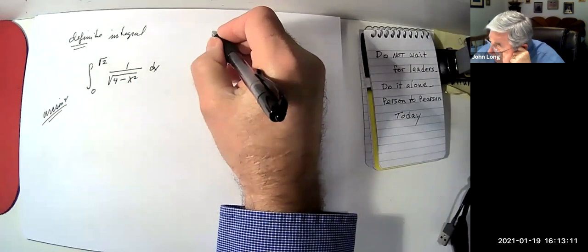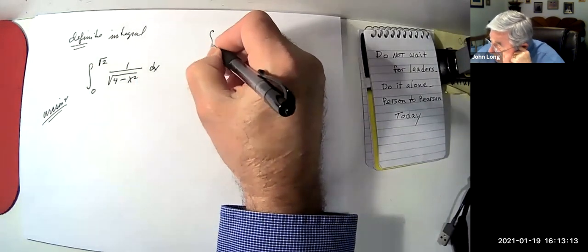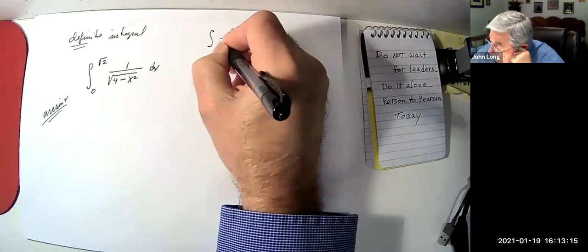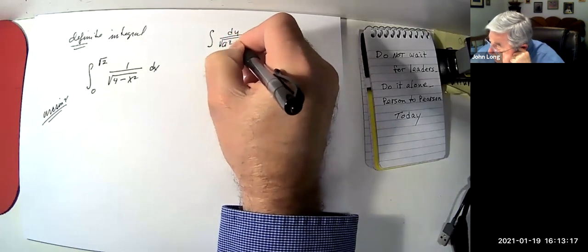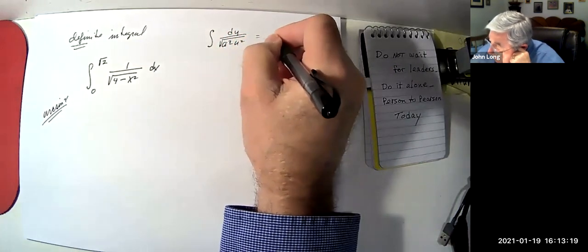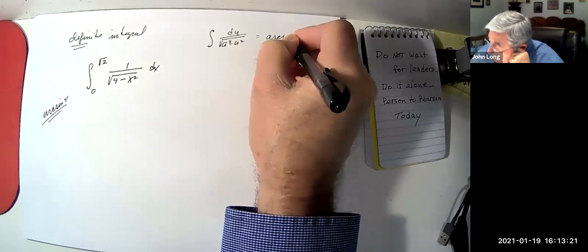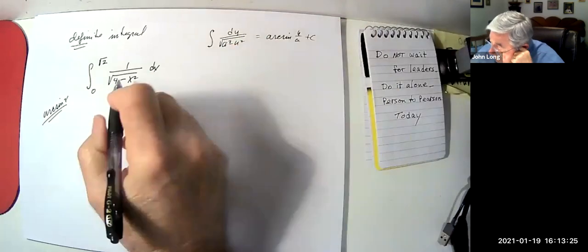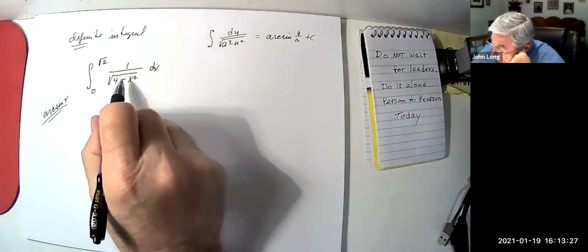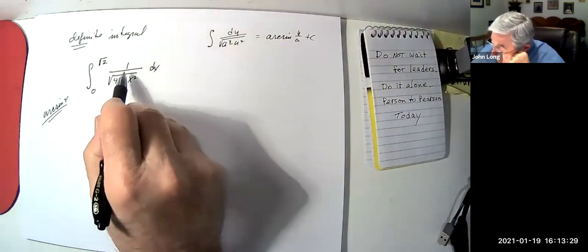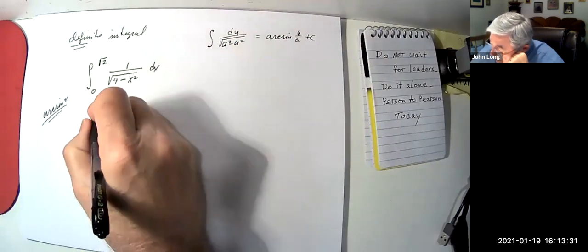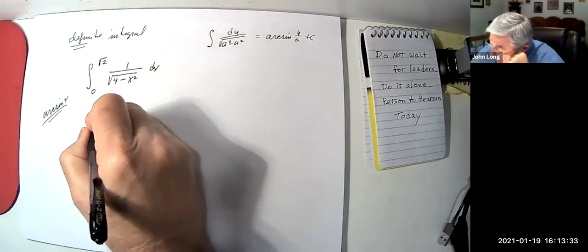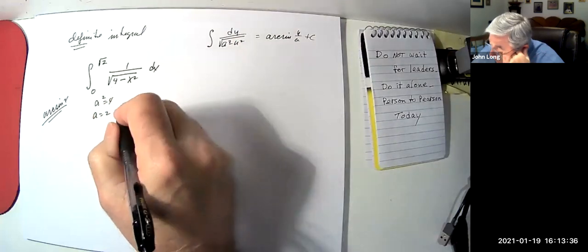In other words, we're remembering the integral of du over the square root of a squared minus u squared is arc sine of u over a. That's what you're remembering. And so what I'm looking at in this is a squared is 4, so a is 2.